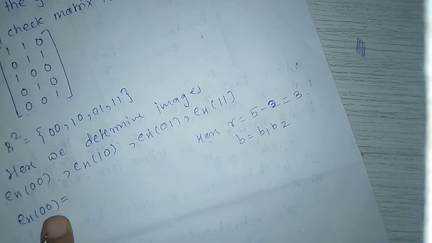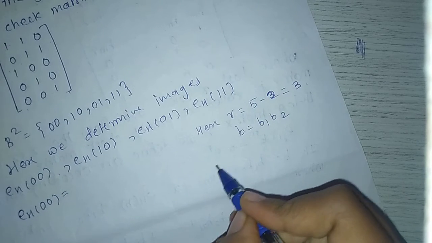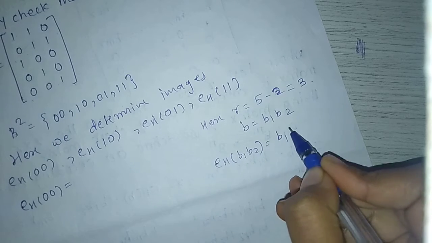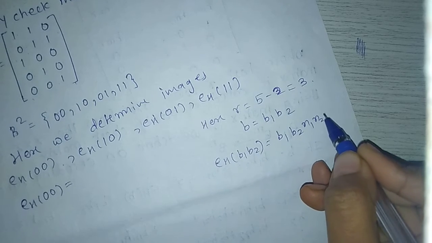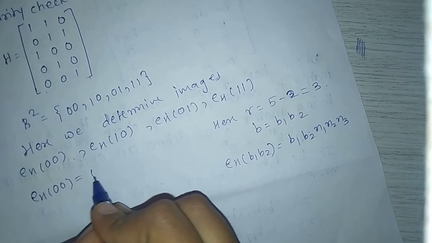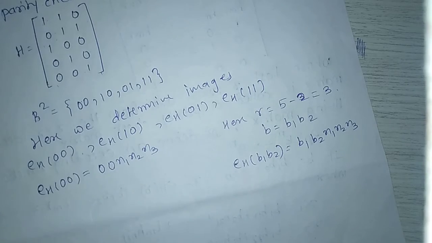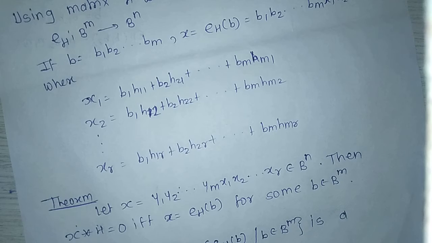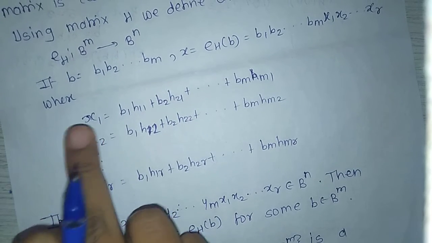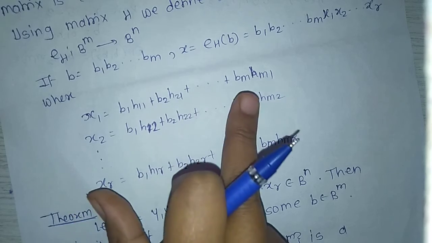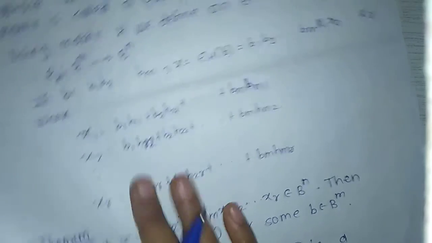So E_H of 0,0 equal to 0, 0, x1, x2, x3. How to calculate x1: x1 equal to b1 H11 plus b2 H21 plus and so on plus bm HM1.